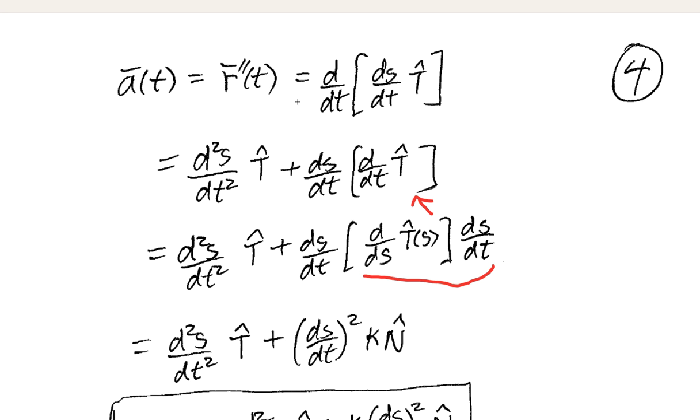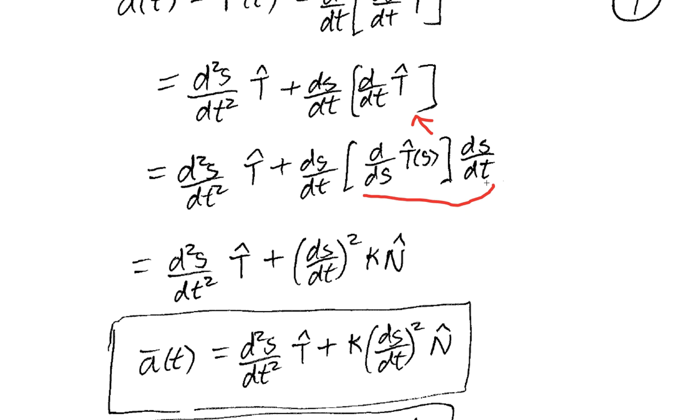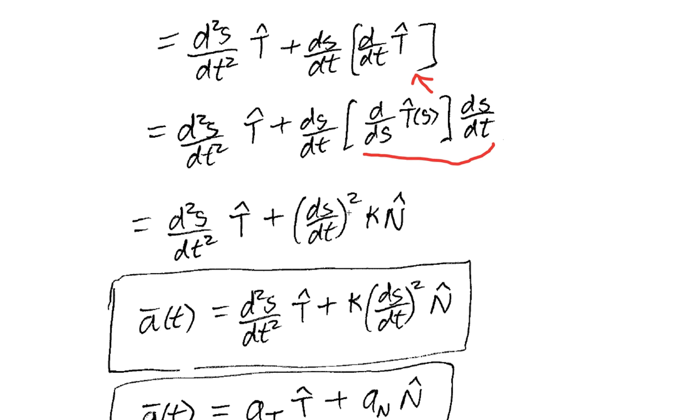And then I'm still going to have a factor ds over dt on the outside here. What is dt hat over ds though? That is kappa n hat. And then I've got a double factor here of ds over dt. So I've really got ds over dt squared kappa n hat.